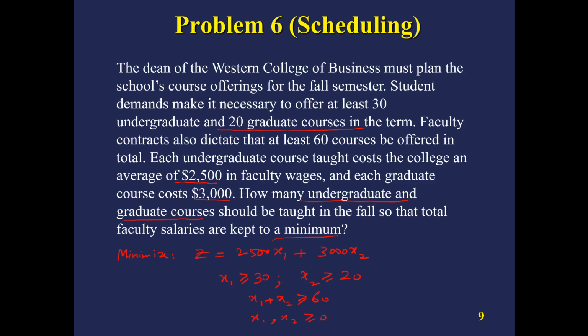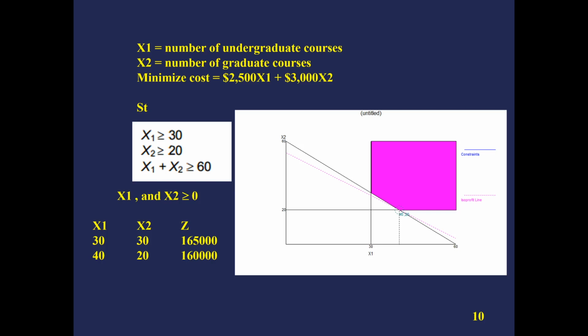Let's check it out. This is already solved here. We define the variables first, minimize the cost, and then these are the constraints, and this is the non-negativity constraint. We can draw this and find out the feasible region.